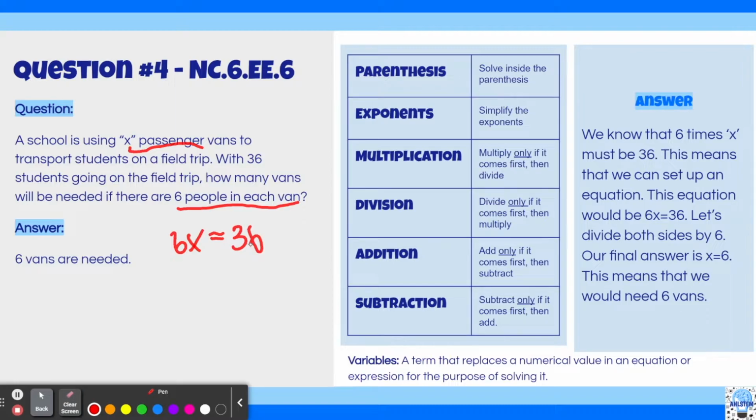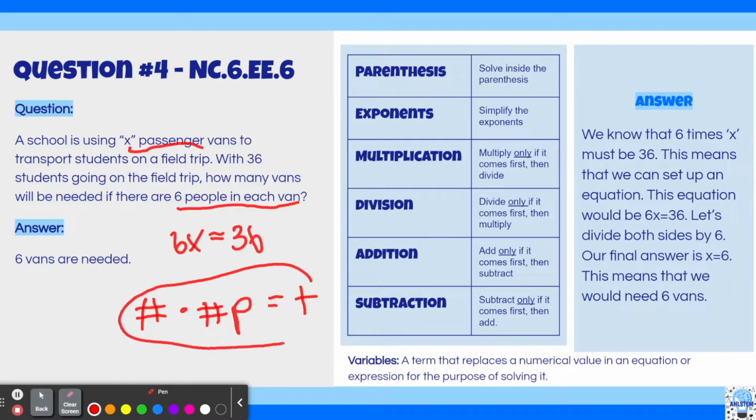And the reason this works is because we have 6 people in a group and x number of groups. So the number of groups times the number of people in the group equals total.